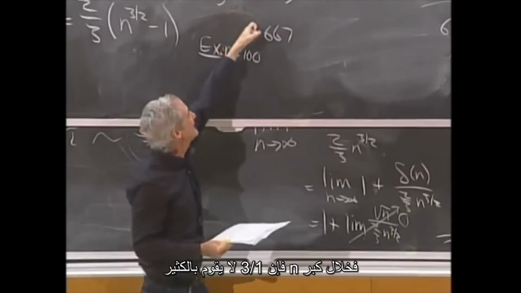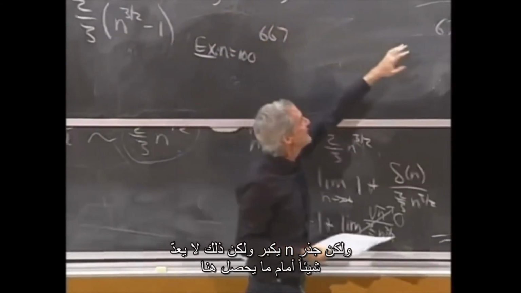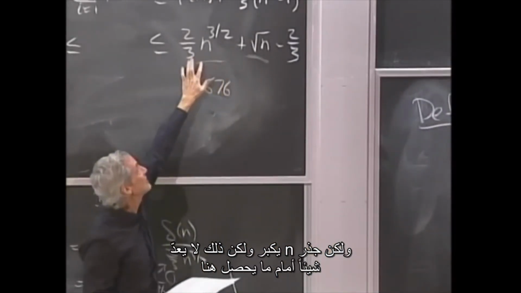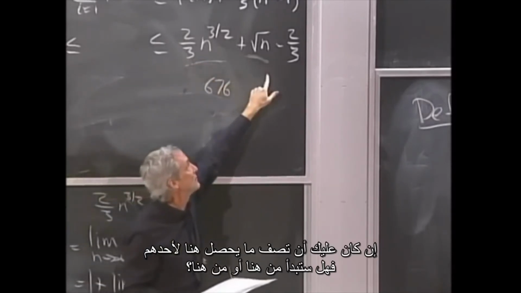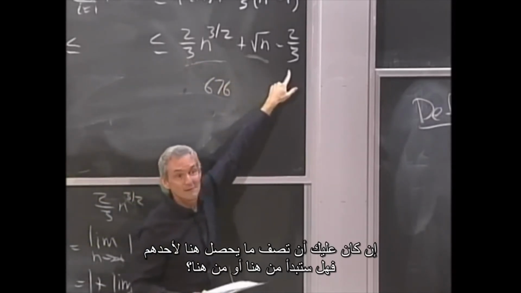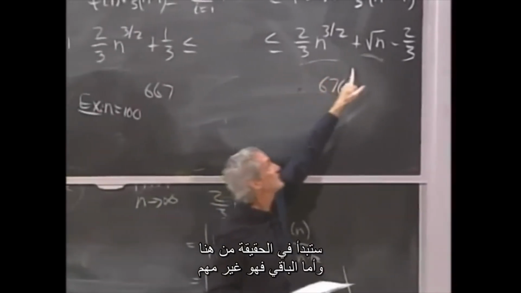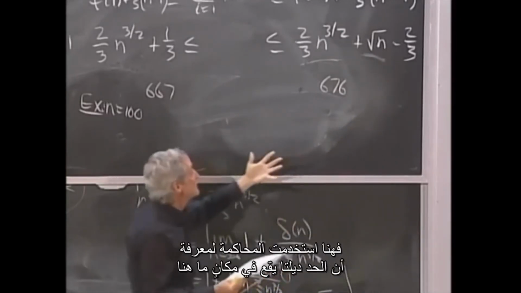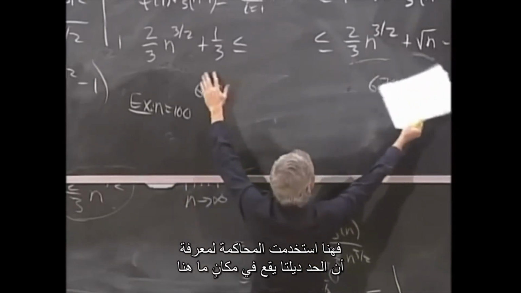Well, as n gets big, the third is not doing much. As n gets big, the square root of n grows, but it's nothing like what's happening here. If you had to describe to somebody what's going on in this bound, would you start here or here? No, you'd start here. This is the action, and the rest is just slop in the air. And so now I've used judgment to say the delta is somewhere in this stuff here.